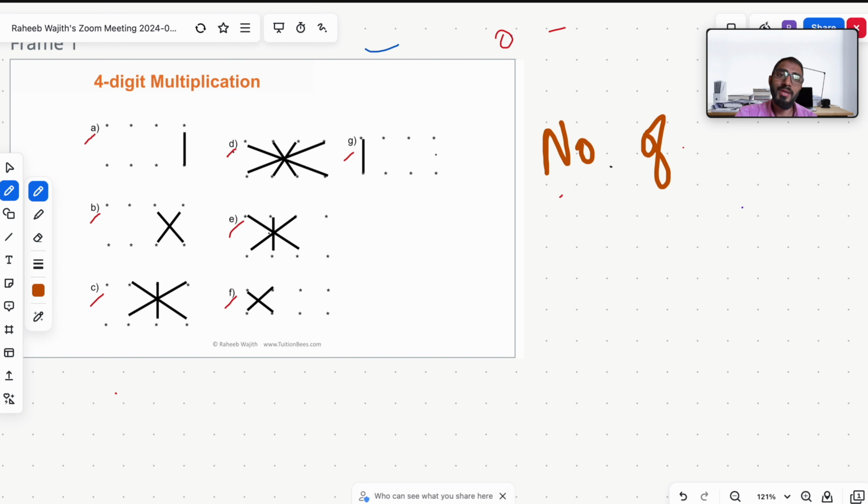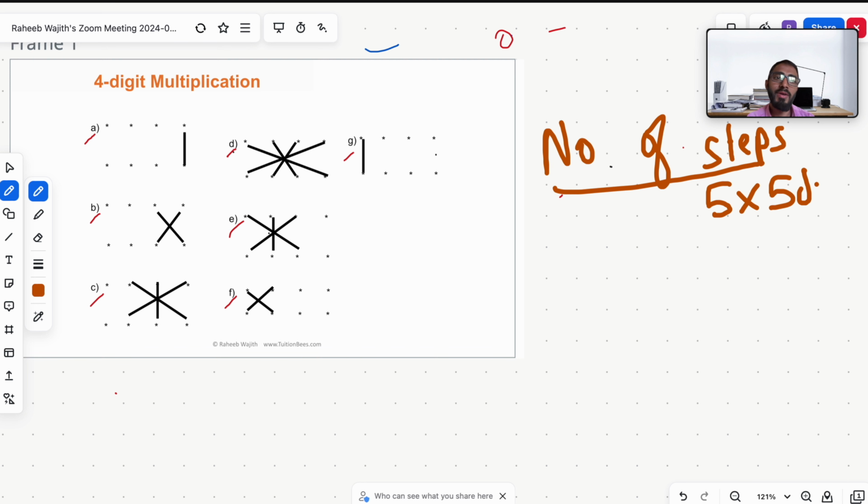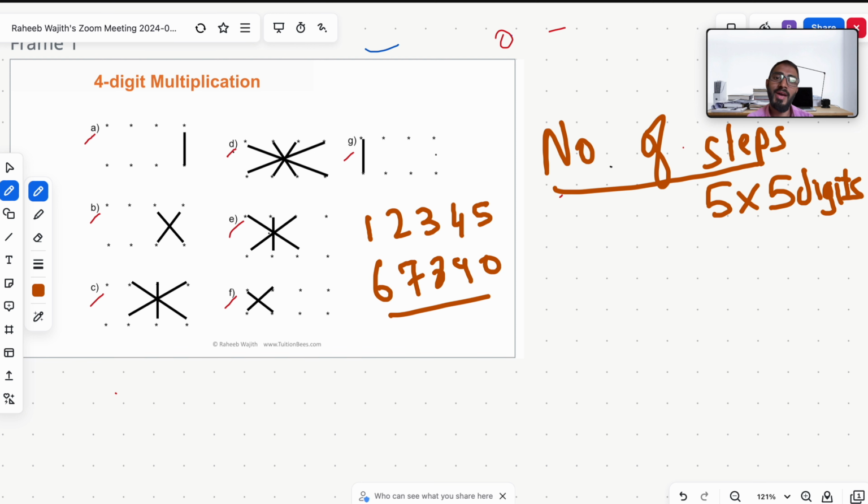I want you to practice that pattern. Okay, I will just write the number of steps for 5 into 5. So 5 into 5 means we have how much? 5 into 5 digits. We have how many steps? So imagine some number like this: 1 2 3 4 5 6 7 8 9 0. So here we have 10 digits, right?